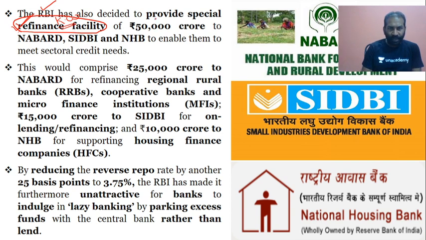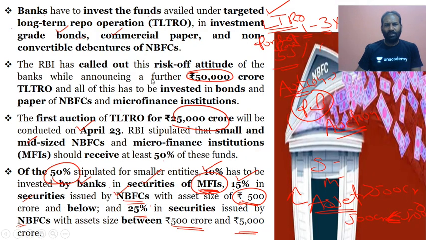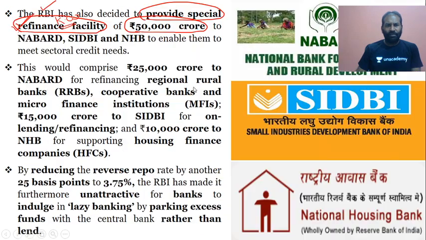This is a special provision provided by the RBI. Out of the 1 lakh crores, the first 50,000 is pumped through the LTRO, and the next 50,000 will be the refinance facility.